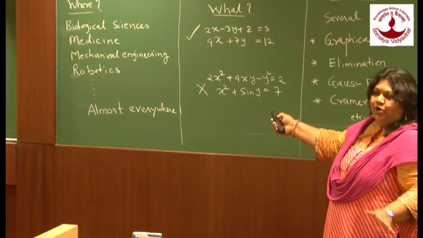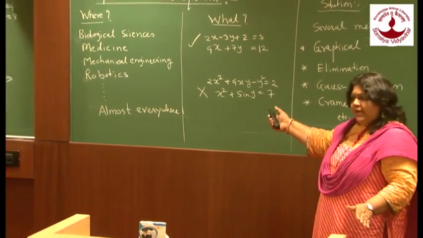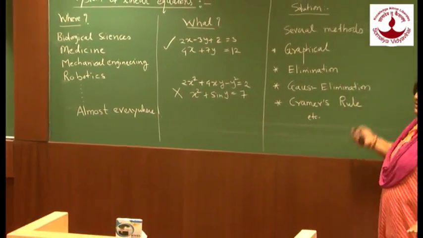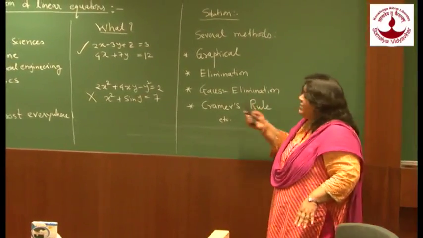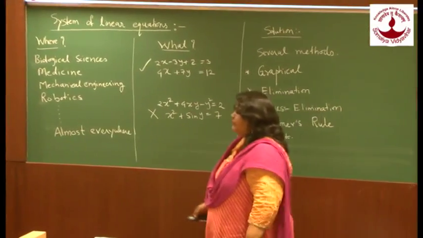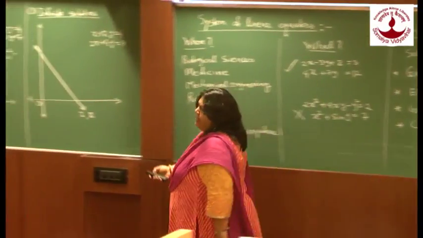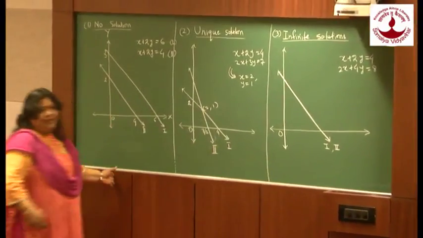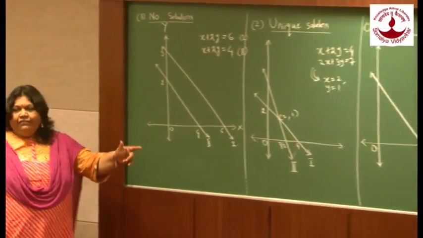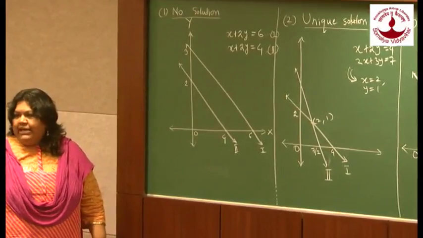Cramer's rule is not useful here. Okay. So we come to the other methods one by one. We will discuss the first 3 methods here in this class. Let us see the graphical method first, which also gives you the geometric interpretation of the system of linear equations.